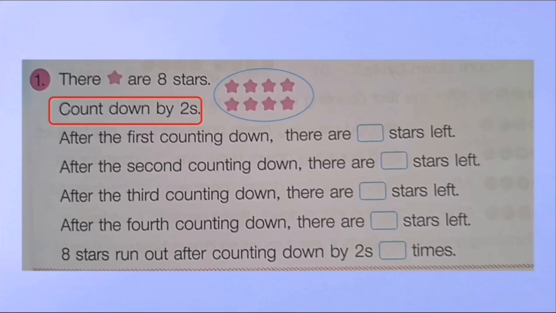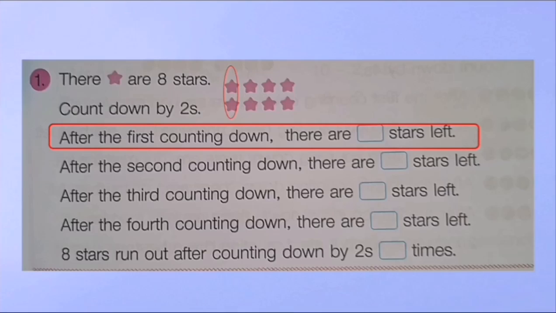So do not count by 1, do not count by 3, or by 4. We need to count down by twos. So here we counted the stars by twos. Now how many stars are left?